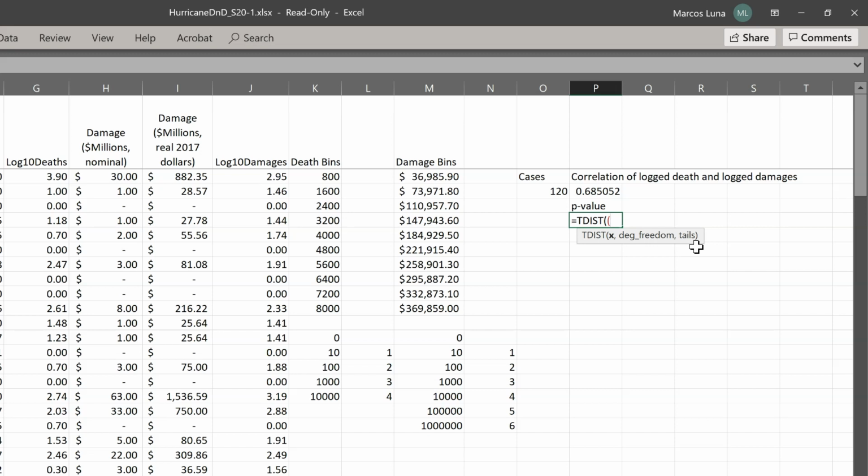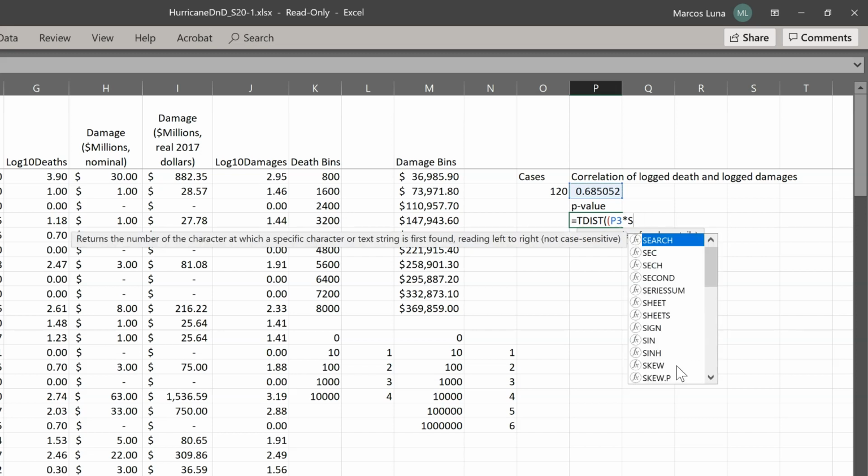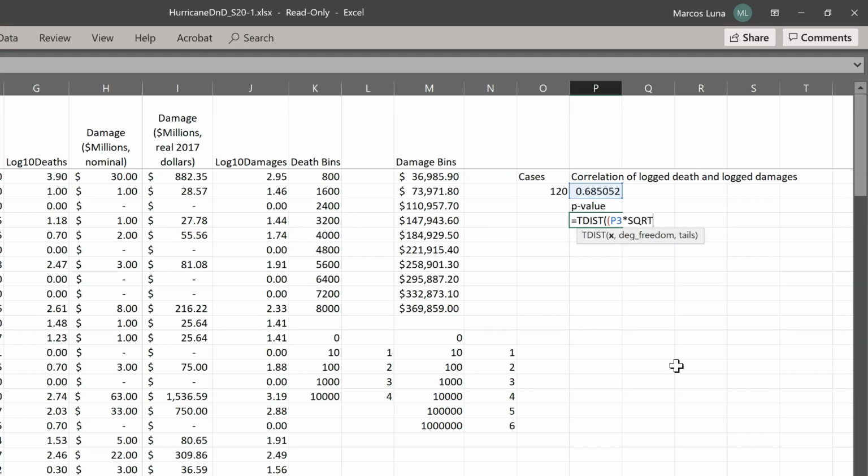The first thing that goes into that is going to be our correlation value that we just had there. And then we're going to multiply that by the square root, SQRT, square root of, and then we'll put in parentheses again, the number of cases minus 2. This part, the number of cases minus 2, is what we call the degrees of freedom.